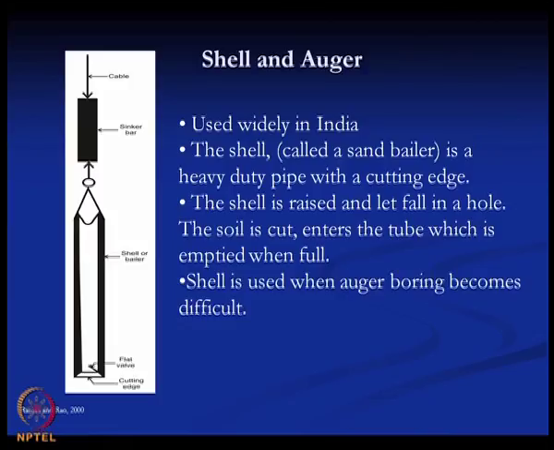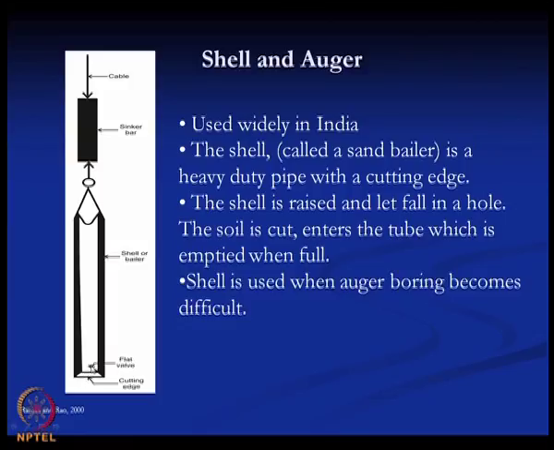The shell is raised and left to fall into the hole. The soil is cut and enters the tube, which is emptied when it is full. That means this is the cutting edge and this is a heavy duty shell, which is taken up and then dropped into the ground.